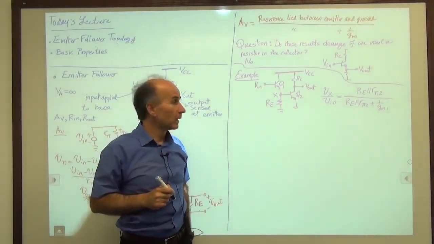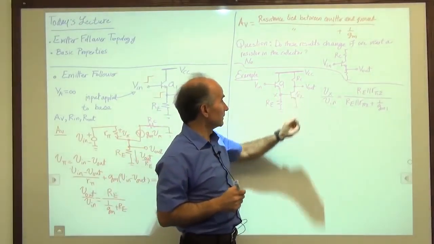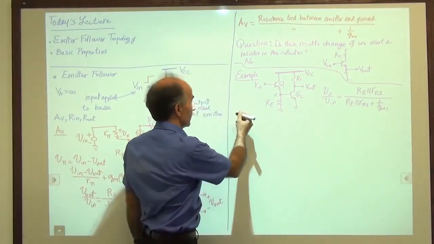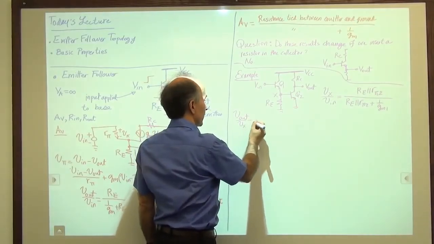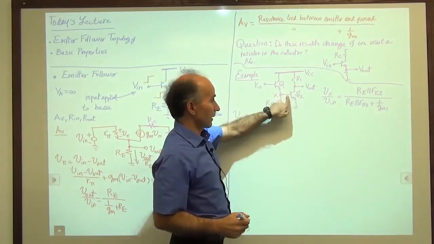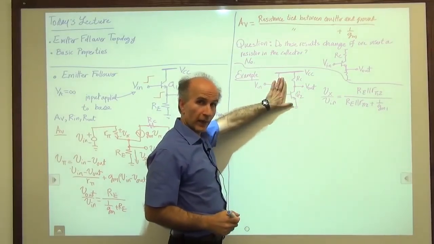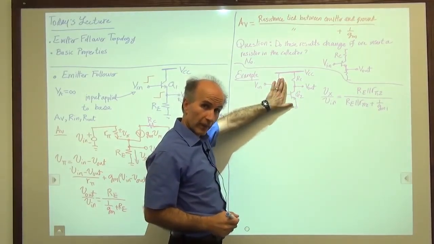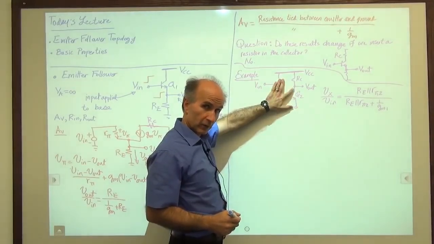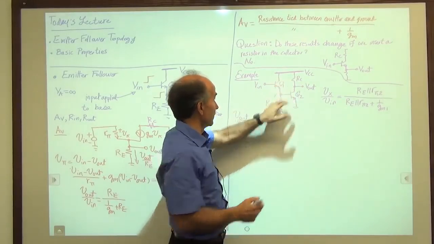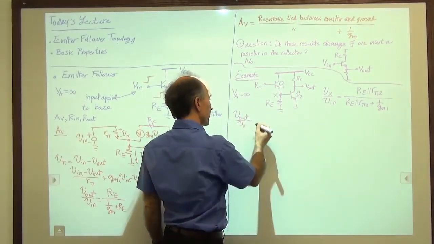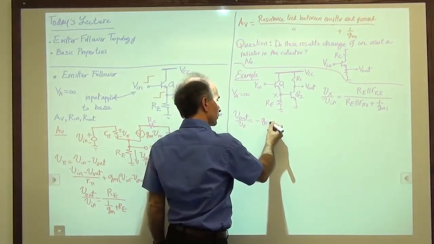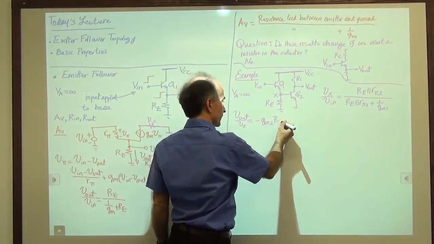Okay. Then we have a gain from here to here, V out over Vx. How much is that? Well, that's just the gain of a simple common emitter stage with no degeneration. We know that's minus Gm times the total resistance seen between the collector and the AC ground, so just RC. Again, I'm assuming VA is equal to infinity. So that's just minus Gm2 times RC.